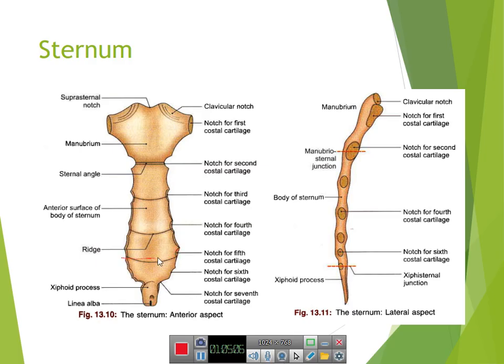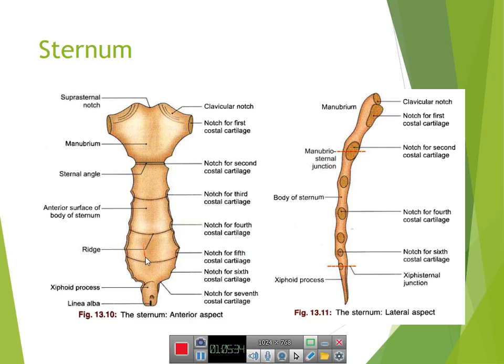Here it is, the fifth costal cartilage attachment. It has 2 surfaces, anterior, here is anterior, and posterior, and has 2 lateral borders, right and left, and 2 ends, upper end and lower end.